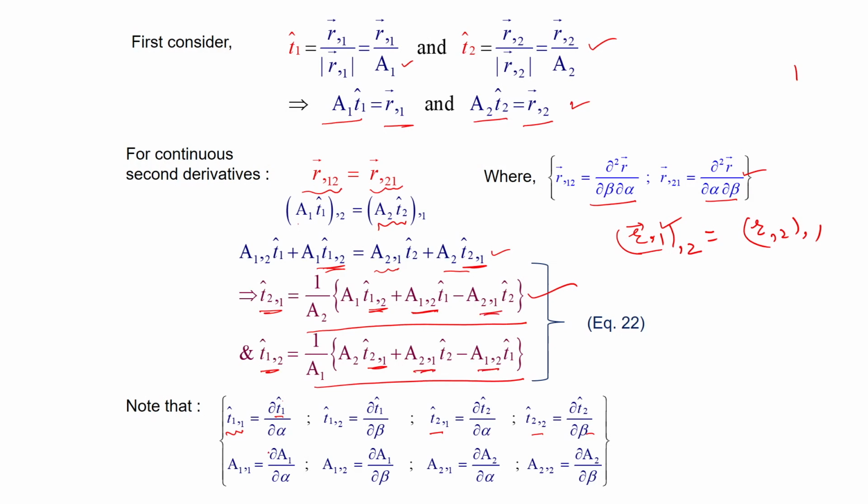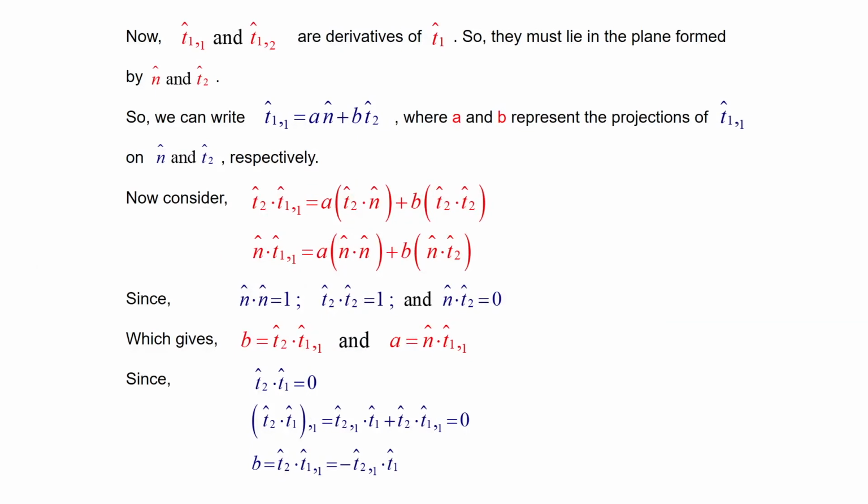A comma 1 means the derivative of A1 with respect to alpha, 1 comma 2 means the derivative with respect to beta, where 1 means alpha and 2 means beta, and so on. So again we have T1 hat comma 1 and T1 hat comma 2.